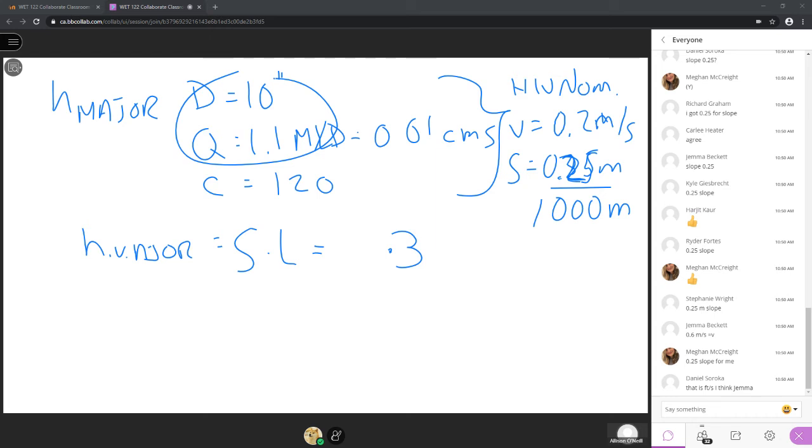Well, it seems like we've gotten a pretty good consensus that the velocity is 0.2 and the slope is 0.25. So 0.25, and that's meters per 1,000 meters, times 3 meters.